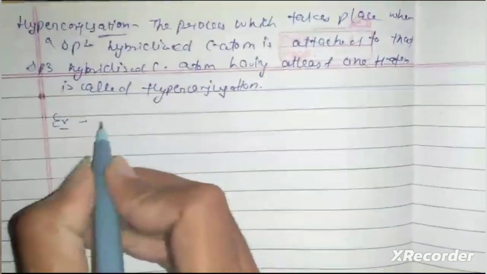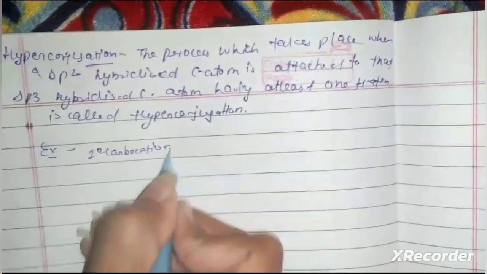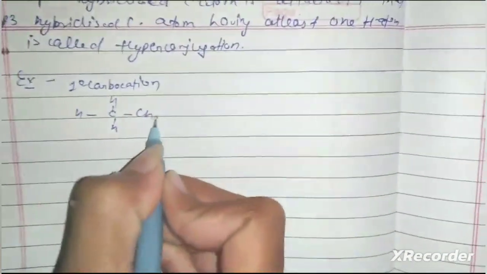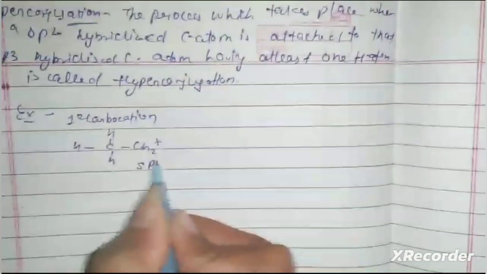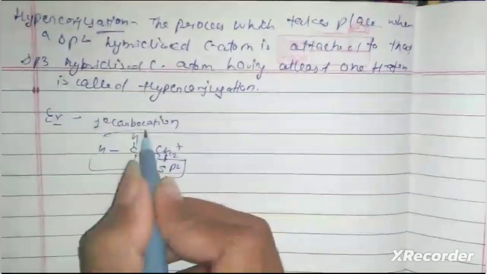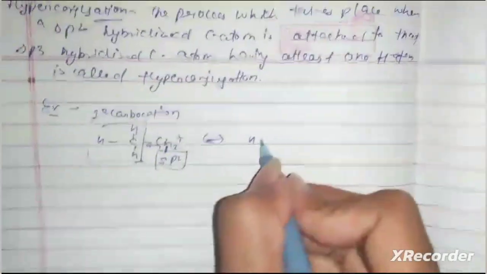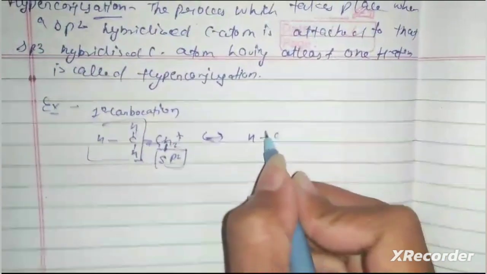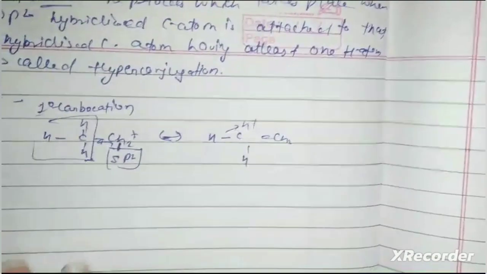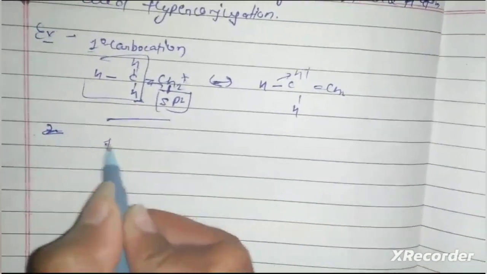An example of hyperconjugation is the primary carbocation. Let's see. This is an sp2 hybridized carbon atom and it is attached to an sp3 hybridized carbon atom. And the next hyperconjugated structure is shown. The next example is the primary free radical.